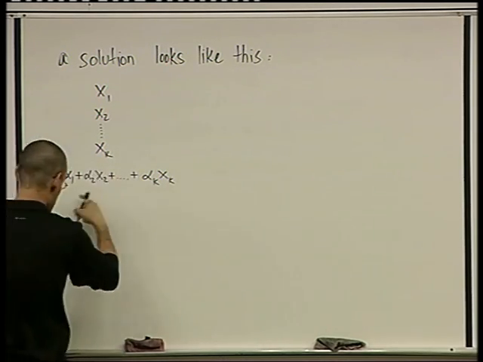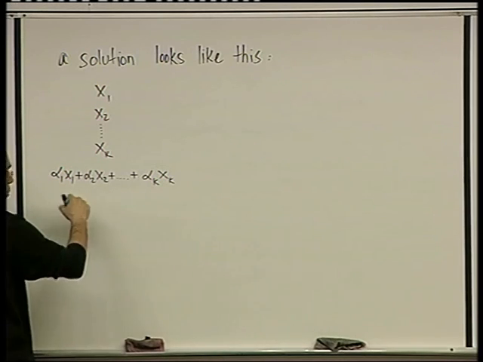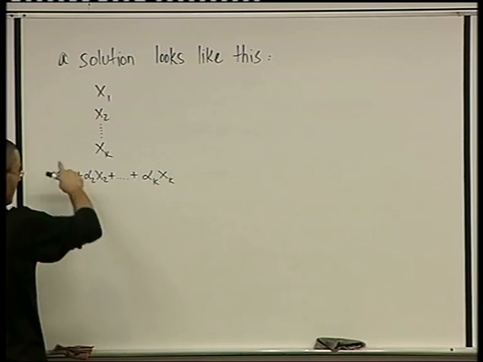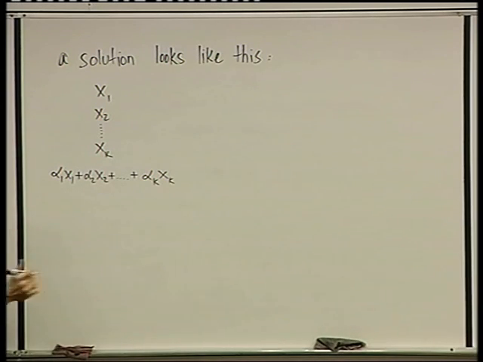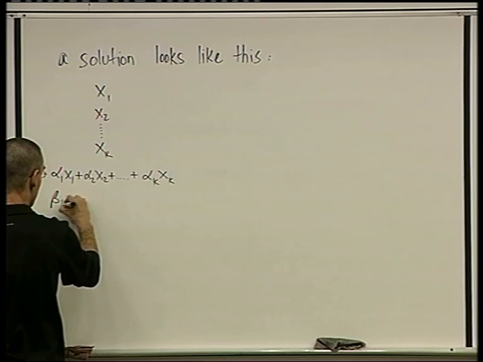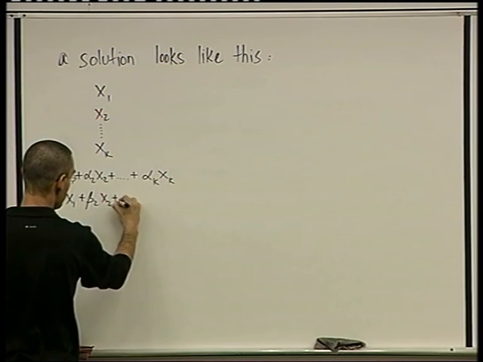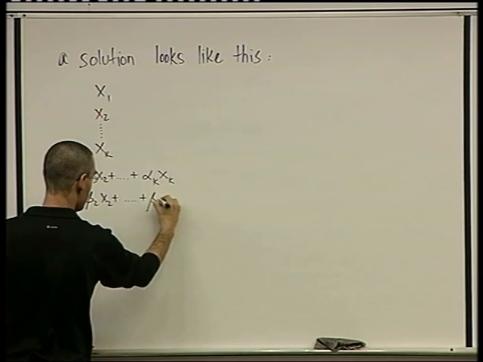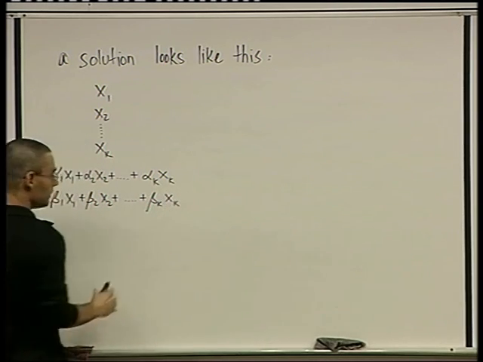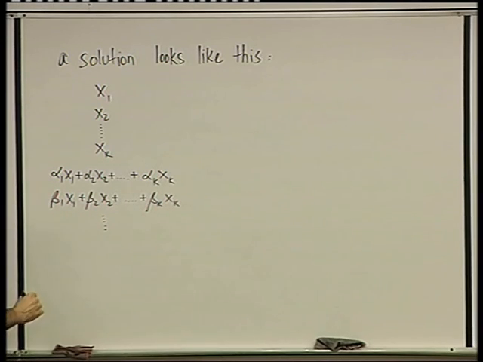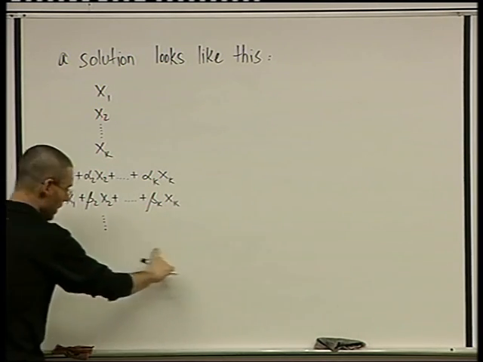Okay? And then the k plus 2 entry is going to be some, well, I can't call them alphas, I can start putting double indices, but that would be confusing. Let's just call it beta. Beta 1 x1 plus beta 2 x2 plus dot dot dot plus beta k xk. And so on, all the way up to xn.